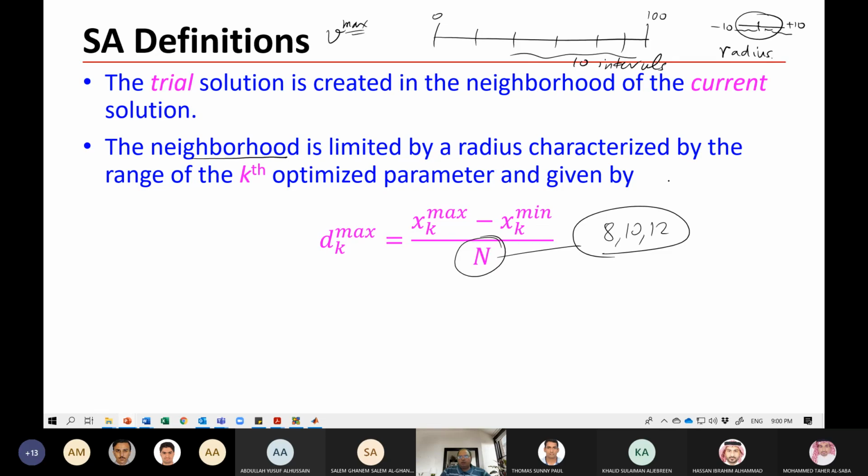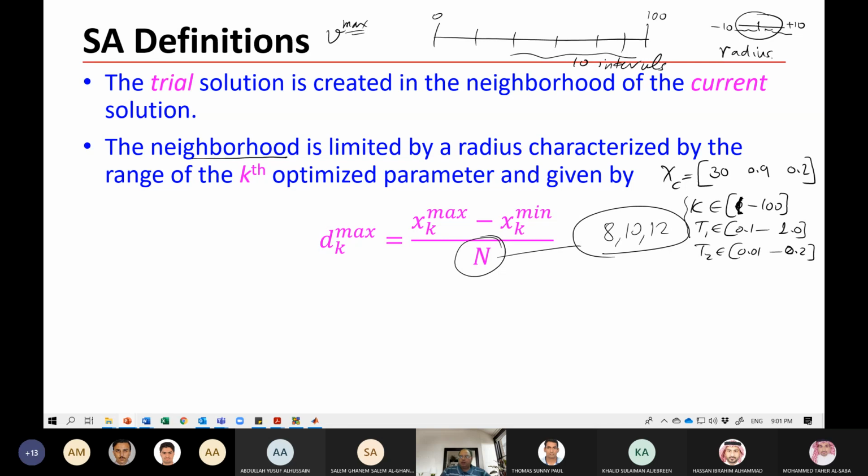So for example, if X current equals 30, 0.9 and 0.2, and you know the bounds: K ranges from 0 to 100, where 0 means no control, T1 from 0.1 to 1 second, and T2 from 0.01 to 0.2 second.